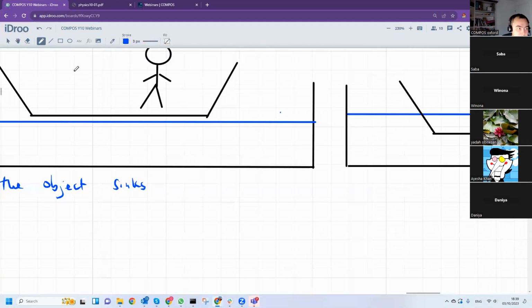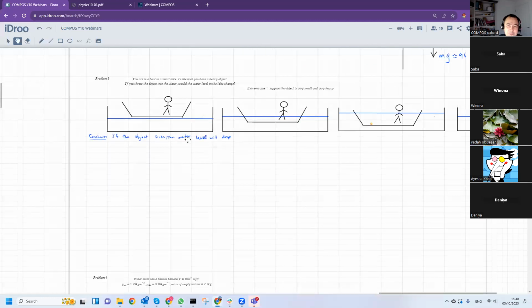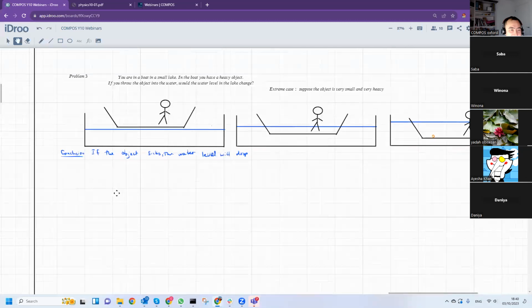The water level will drop. It might as well not exist. Why? Well, if it's a very small object, yes, it's on the bottom of the lake.